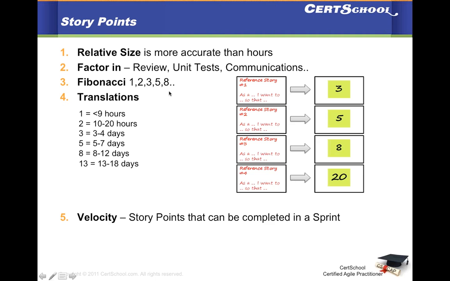How we use it is, if you think that a story is a little bigger than 5 story points, because you're doing relative estimate, so you have a reference story, and if you think that the story you're estimating is a little bit over 5 compared to your reference story, instead of making it 6, you just jump the estimate to 8.